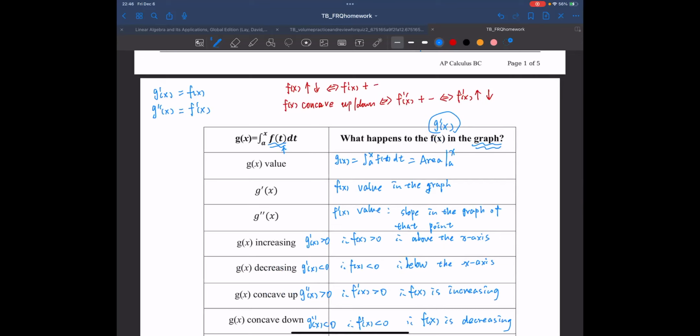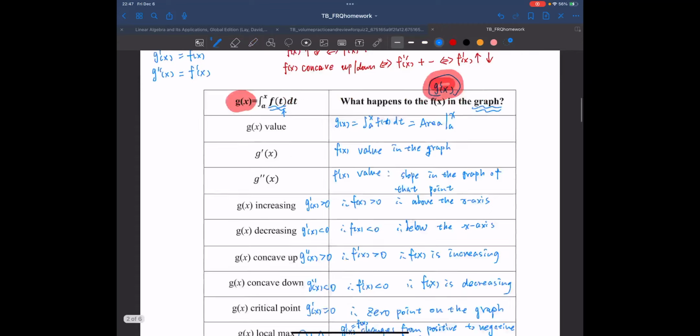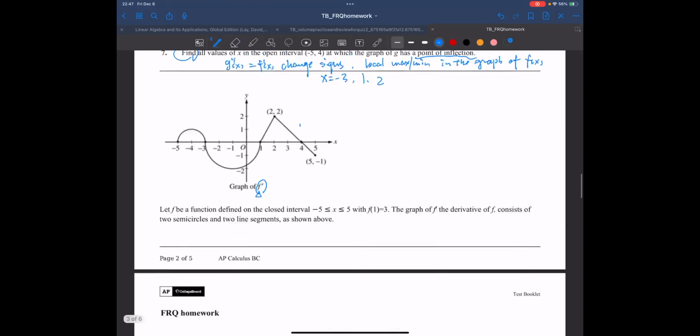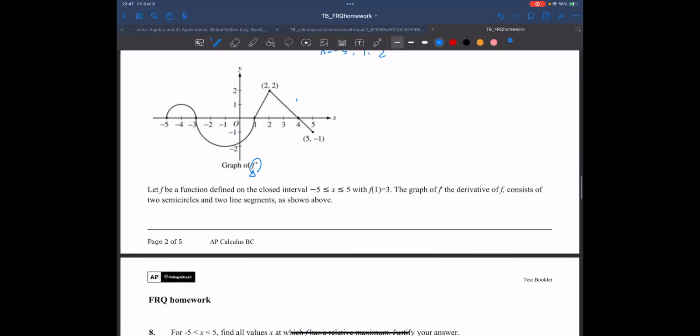Why? Because here we can see the right column is all about g prime of x, and the left column is all about g of x. So it's okay if he just wanted to show you the graph of f prime and then asked the question about f of x.